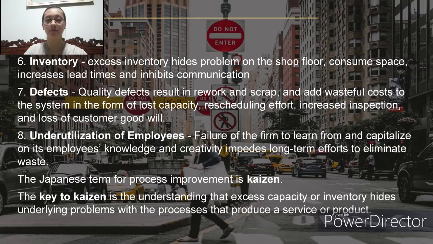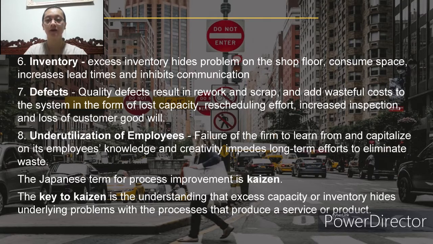Underutilization of employees: failure of the firm to learn from and capitalize on its employees' knowledge and creativity impedes long-term efforts to eliminate waste. The Japanese term for process improvement is Kaizen.